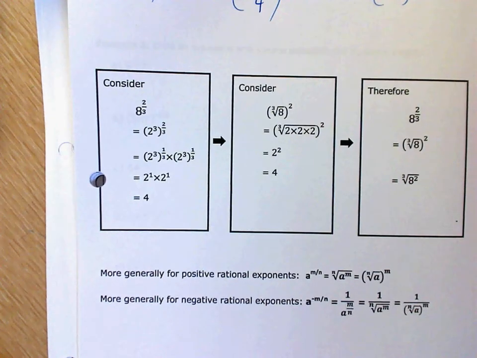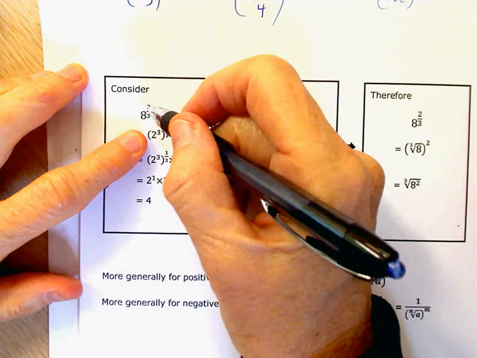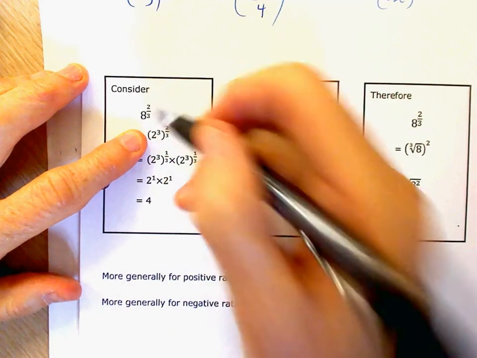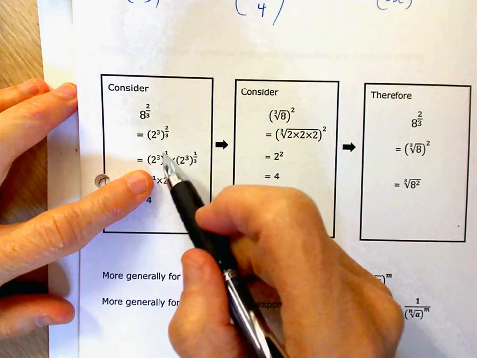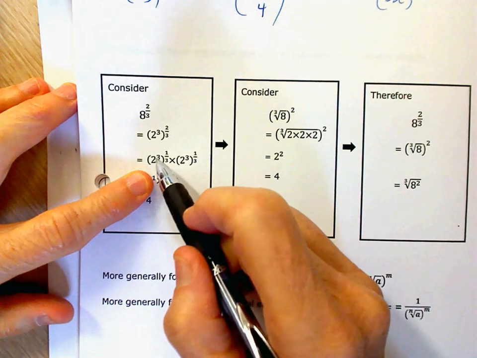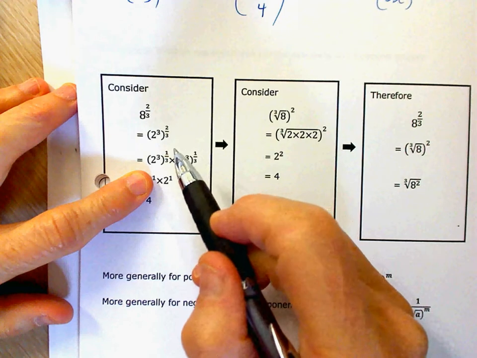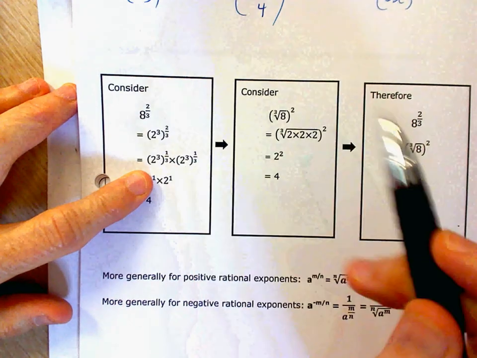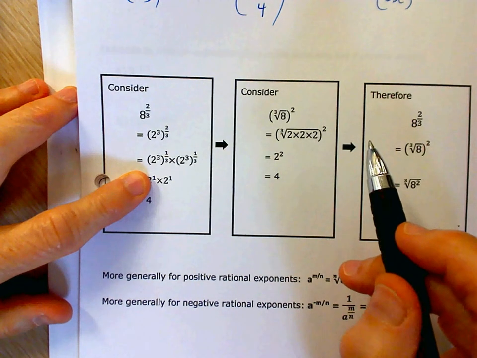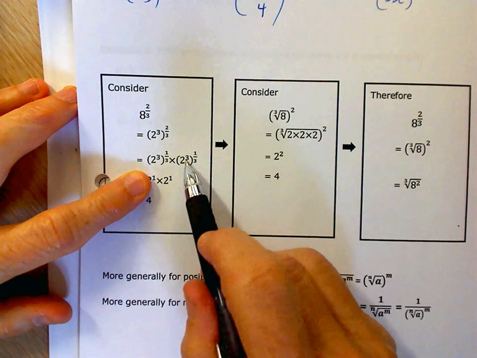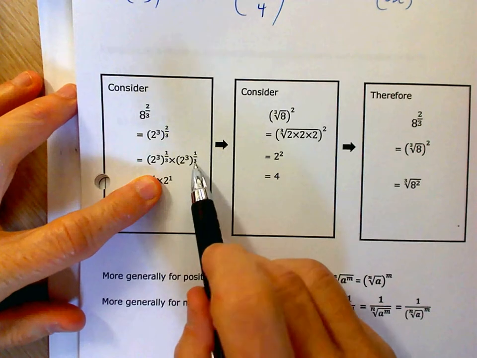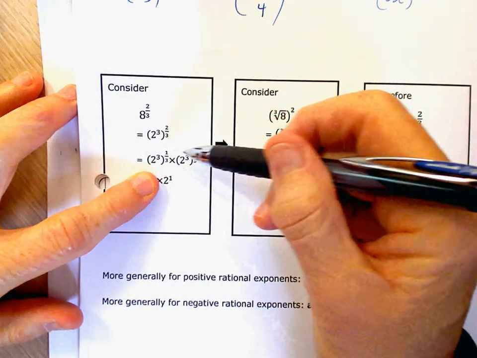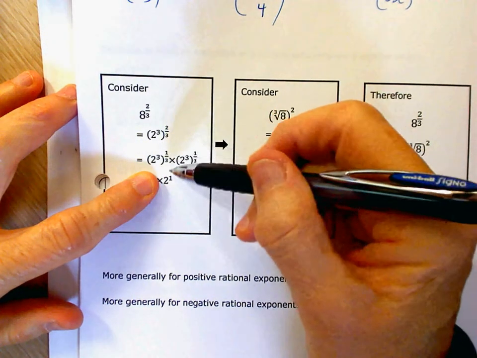Okay. What happens when we have x to the 2 over 3? My goodness. This is the same as 2 to the 3 to the third. Well, that's 2 to the 1 times 2 to the 3 to the third. Do you see? When you add exponents, you get 2/3.